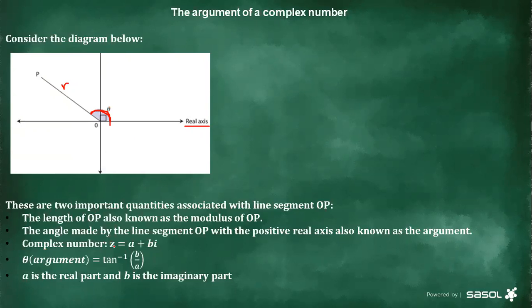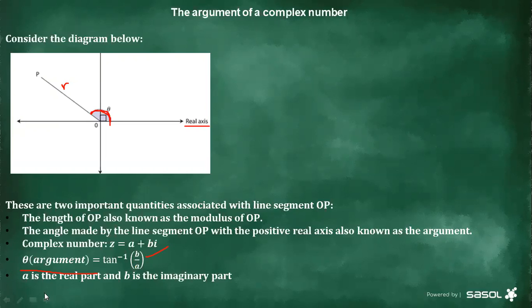The complex number, we know it's Z equals A, which is the real part, plus B, which is the imaginary part, i. And this is the formula that we are using to calculate the angle theta, or the argument, where we say tan inverse of B over A. So this is how to calculate the angle.